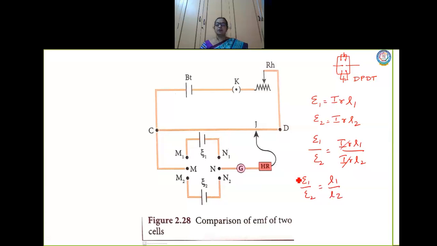So this is the formula to compare the EMF of two cells using a potentiometer. You can vary the current using this rheostat and find out balancing lengths for different values of current. So this is how a potentiometer is used to compare the EMF of cells.